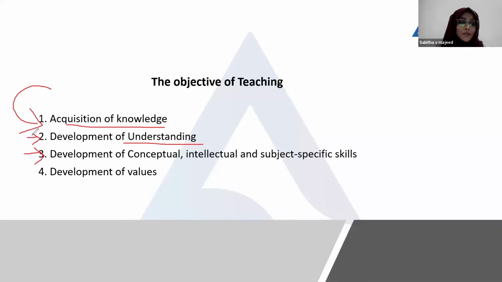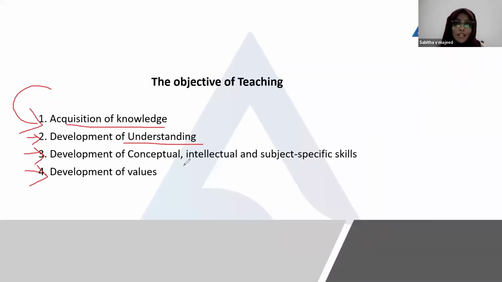Okay. So the fourth objective of teaching is development of values. Teaching is aimed at developing values. What is meant by developing values? We know what is good, what is bad, what is right, what is wrong.